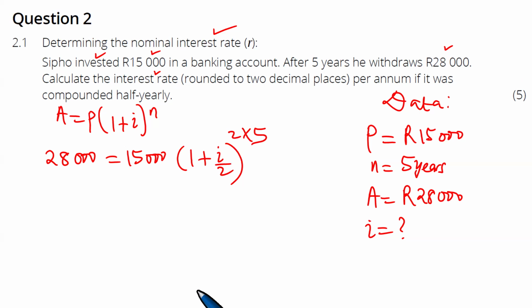So what we then do is the following. We divide both left and right by the 15,000.